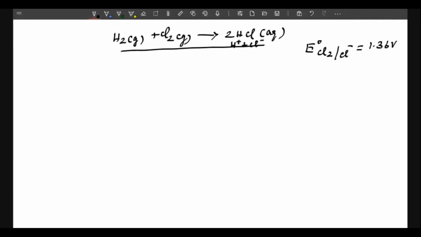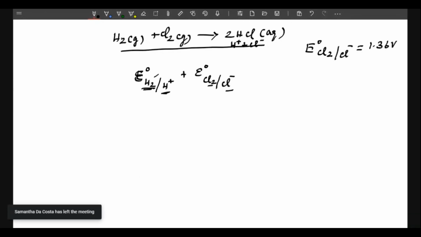Therefore, you can easily give epsilon naught of H2 bar H plus, that is the electrode potential, plus E naught of the reactant Cl2 bar Cl minus. Reactant should be written on the top and the product should be written below.